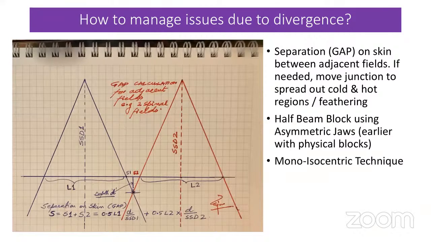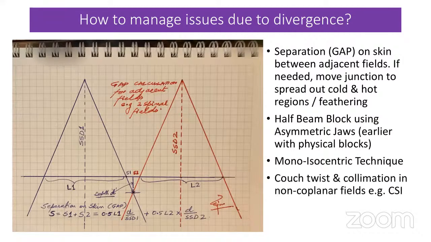Then mono-isocentric technique plus asymmetric jaw on both sides. So you know X and Y will change. The other thing which most departments don't do now, and people can't imagine unless they see it, is this: just imagine there is a supraclavicular field and a tangential field for the breast.